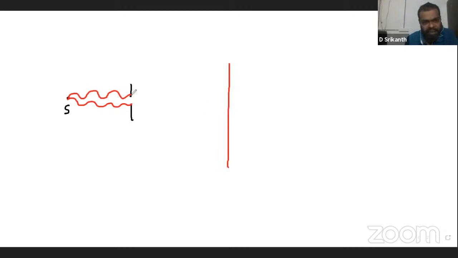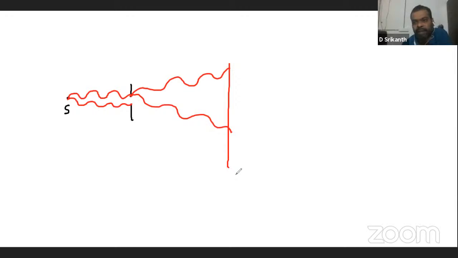Here the light will be in the form of a wave. So the light ray will change its path.